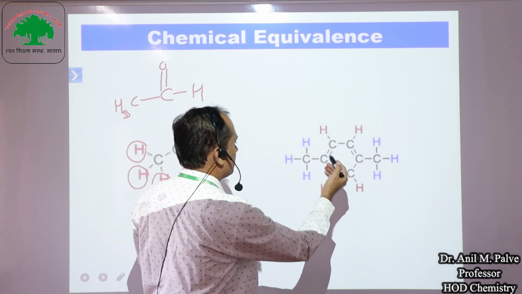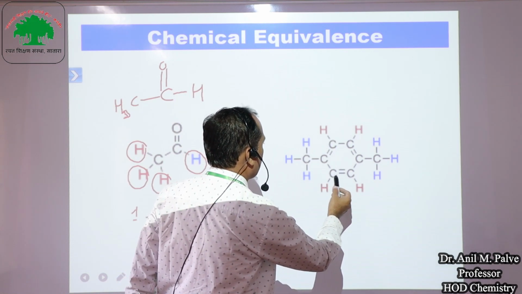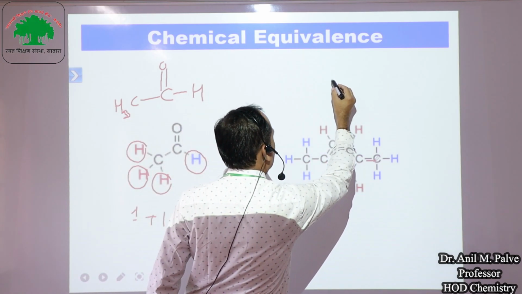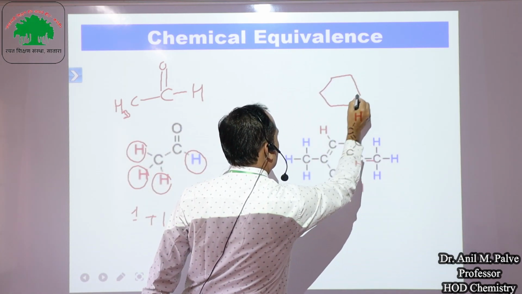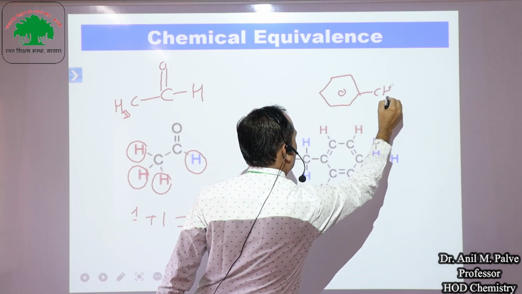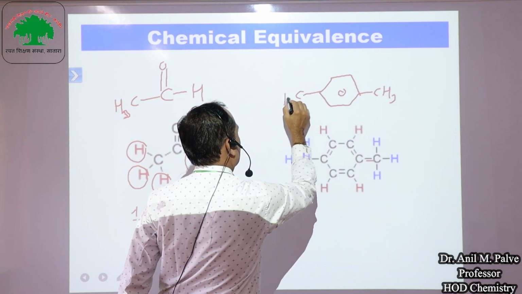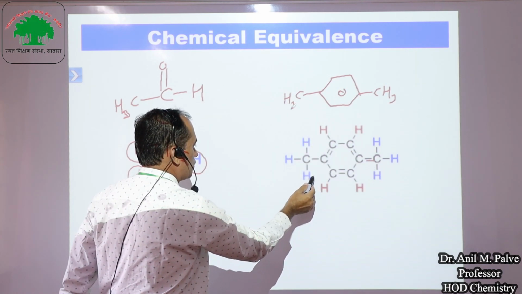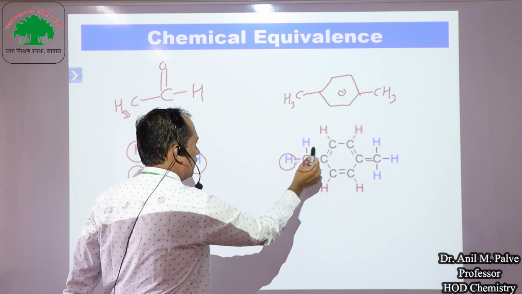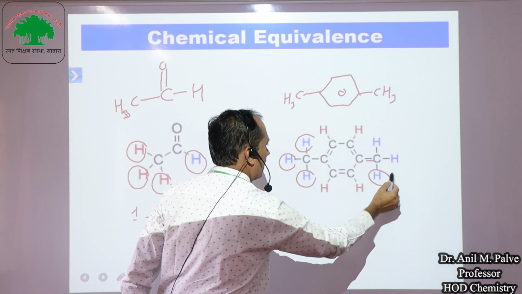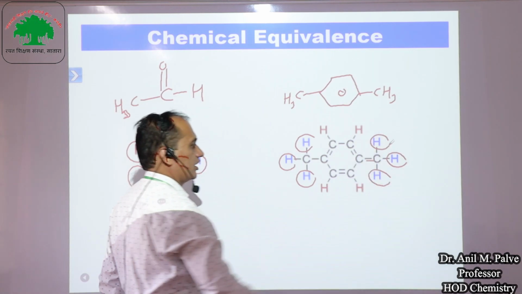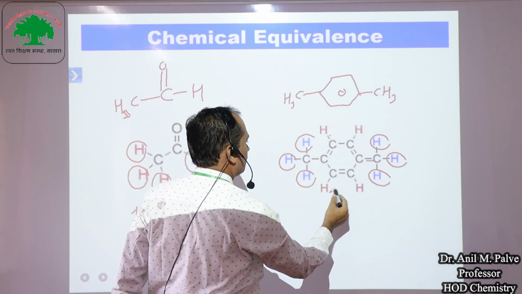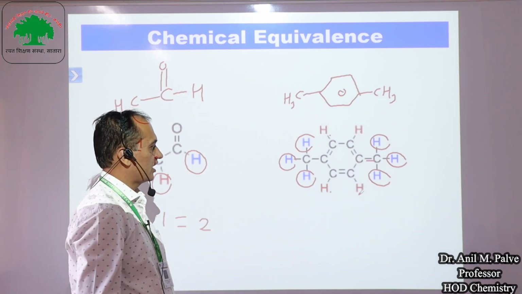Similarly, just look at this example. Here you can see that on this benzene ring we have this CH3. So actually the structure is like that. Now the hydrogens in blue color are all equivalent hydrogens, and the ones in red color, 1, 2, 3, 4, are equivalent hydrogens.